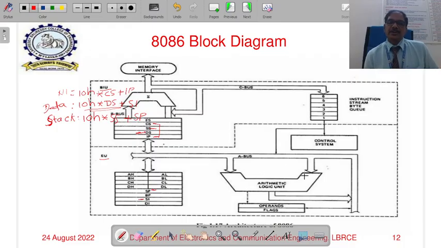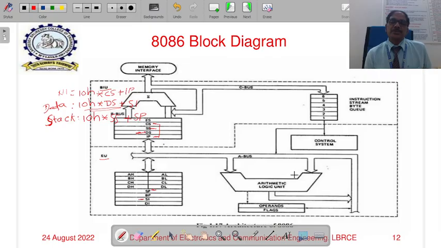Depending on the operation, it may issue the control signal to the ALU and to the registers involved in the operation, so that the registers can supply the inputs and the ALU is going to perform the operation.